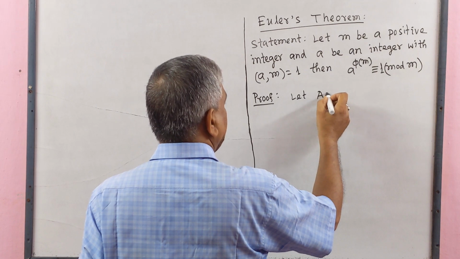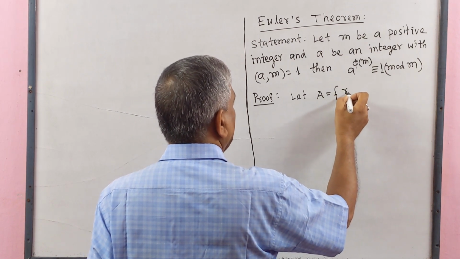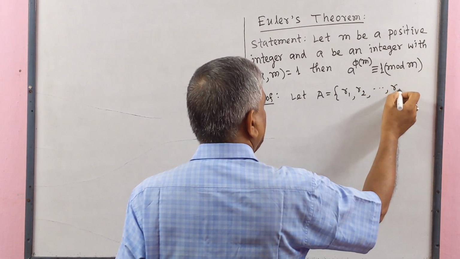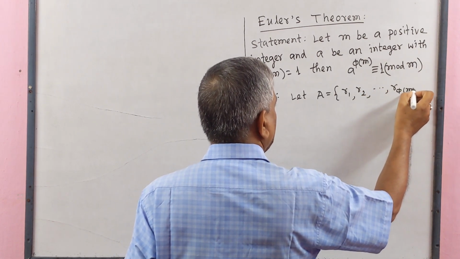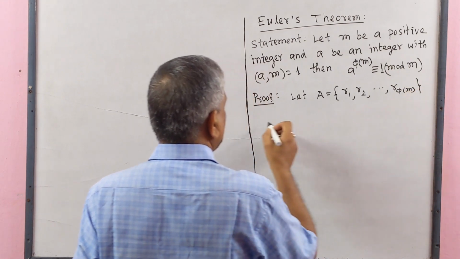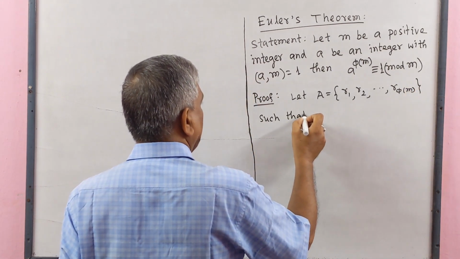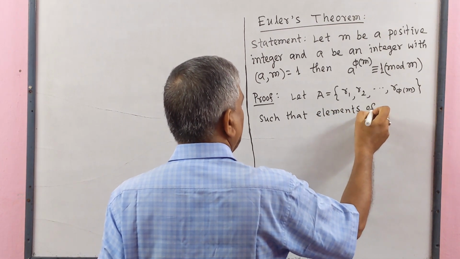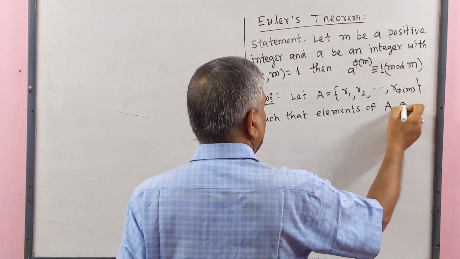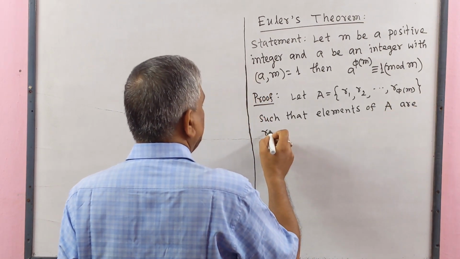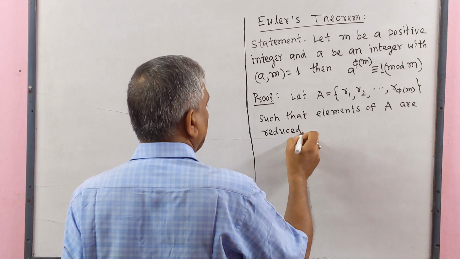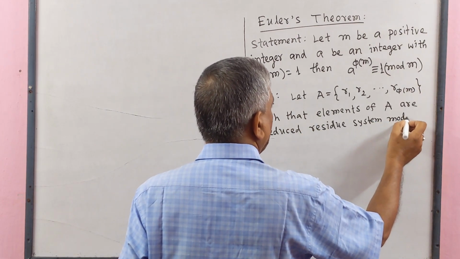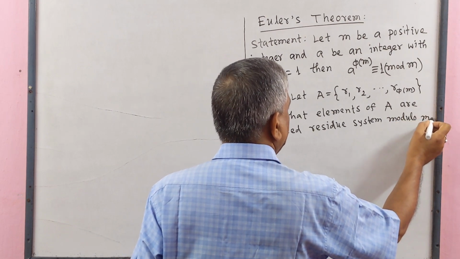Let A be a set containing elements R1, R2, ... R phi m such that elements of capital A are reduced residue system modulo m.